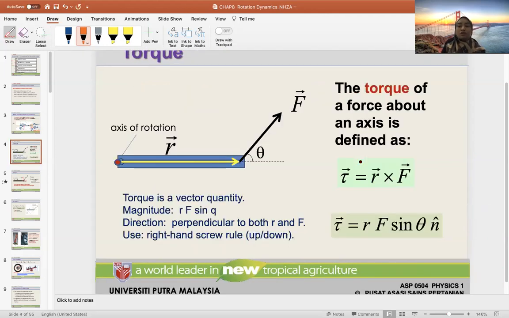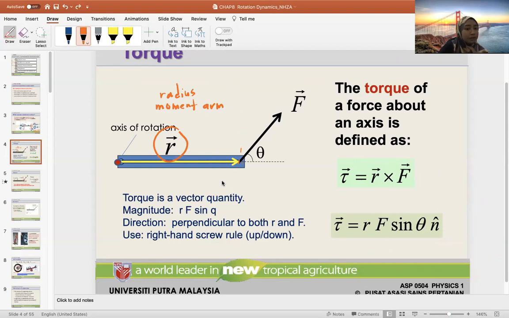What is torque? Torque is the length from the axis of rotation, which is R. It's called R. The length from the axis of rotation, they call it moment arm. Or another term that they can use is radius, because this thing moves macam circular motion juga kan.